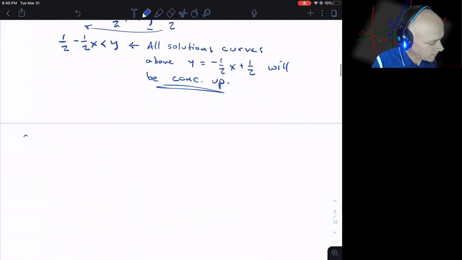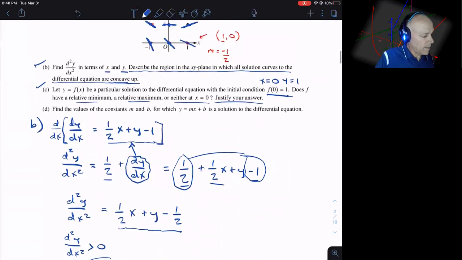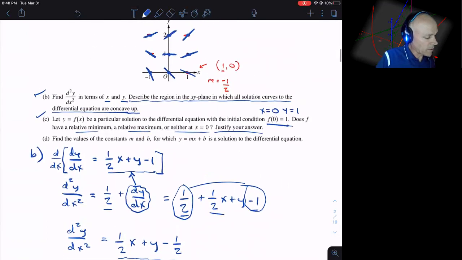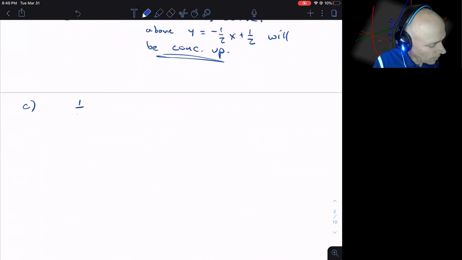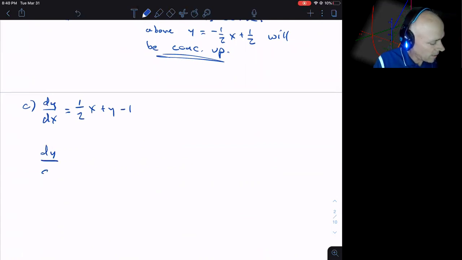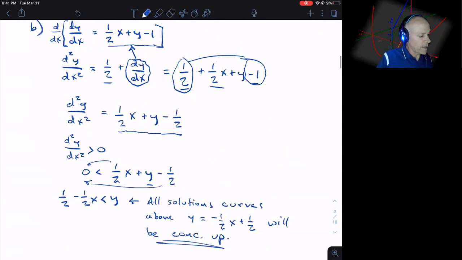So if I do this, my first derivative dy dx is equal to 1/2 x plus y minus 1. And then my second derivative that I just figured out, d2y dx2 in terms of x and y, is right there, 1/2 x plus y minus 1/2.